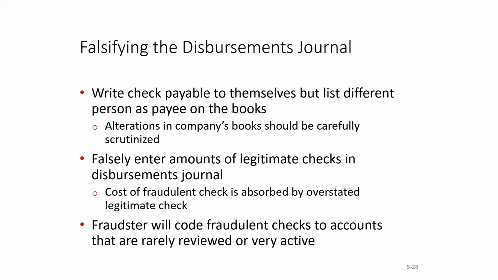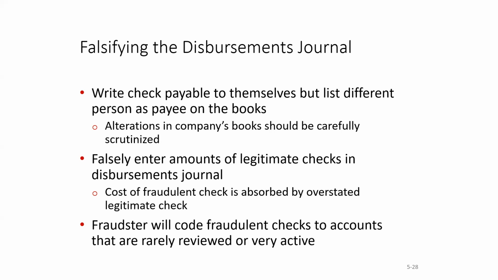Another item that we might need to think about is how we are going to falsify the disbursements journal. Every check that is recorded, and every journal entry where we are crediting cash, we're going to have to debit something, whether it's an expense or a capital asset or something. So we're going to write the check payable to themselves, but maybe list a different person as the payee on the books.